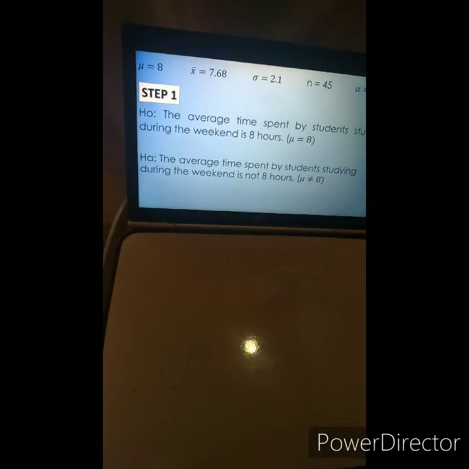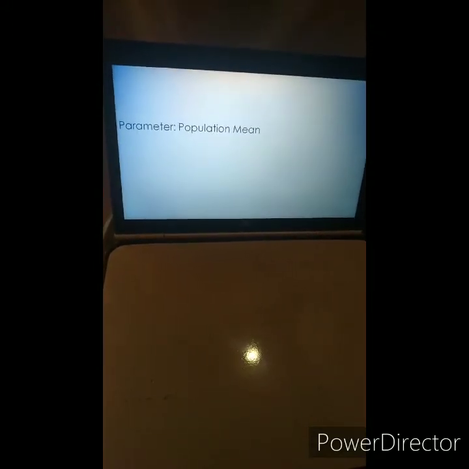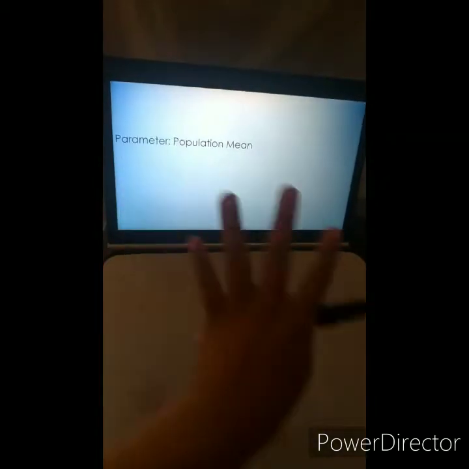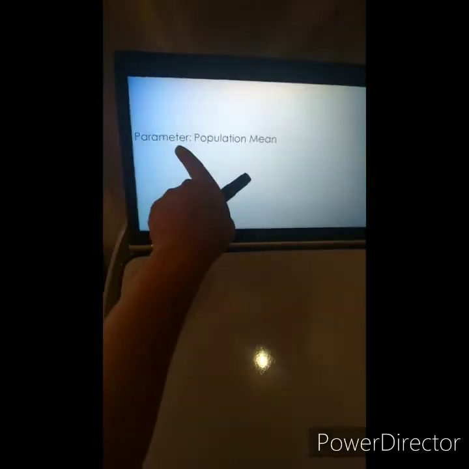Step 2. But before we go to step 2, we have to analyze first the problem. The parameter given there is the population mean. That is the data from the population, right? And what type of alternative test are we going to do?